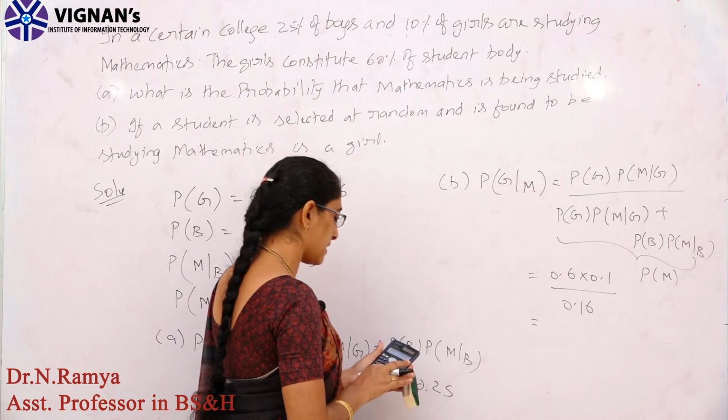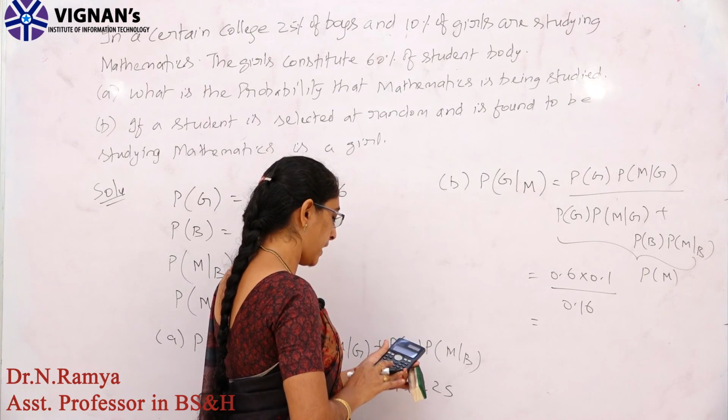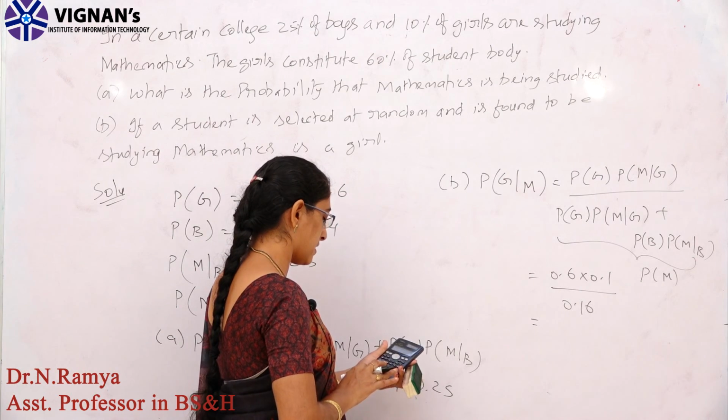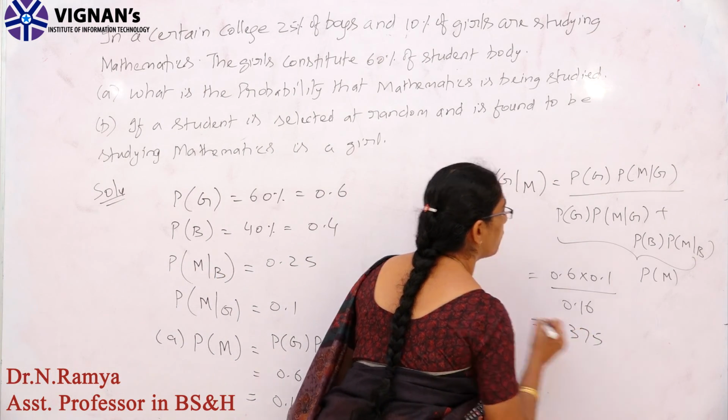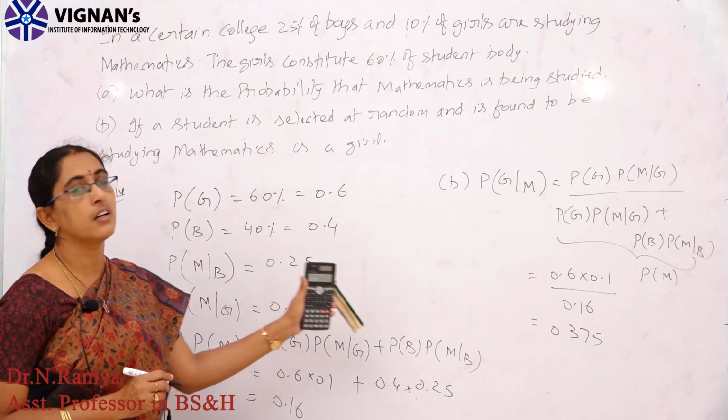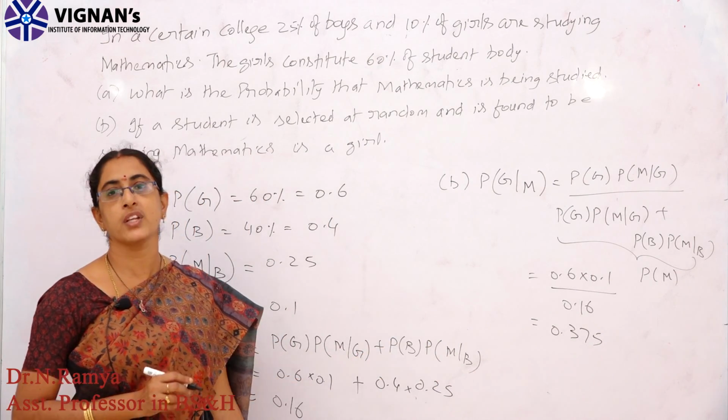So, 0.6 into 0.1 by 0.16 is 0.375. So, the probability that a girl is studying mathematics is 0.375.